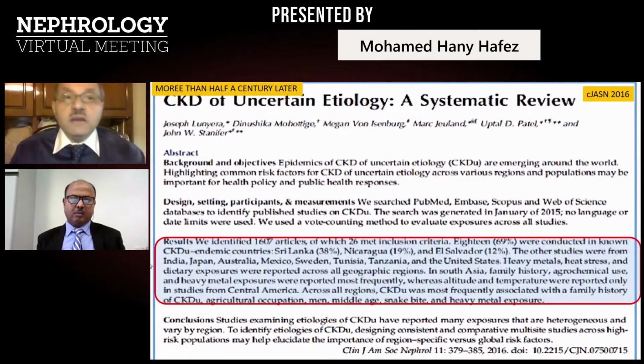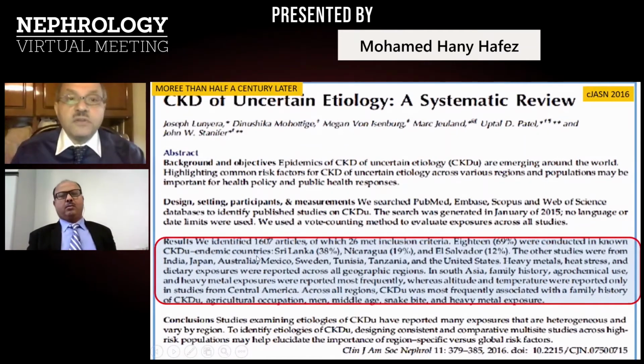And we see here in this article, 1,607 studies, 69% conducted in different endemic countries: Sri Lanka, Nicaragua, El Salvador, some Arabic countries like Tunisia, African countries like Tanzania, and many places.